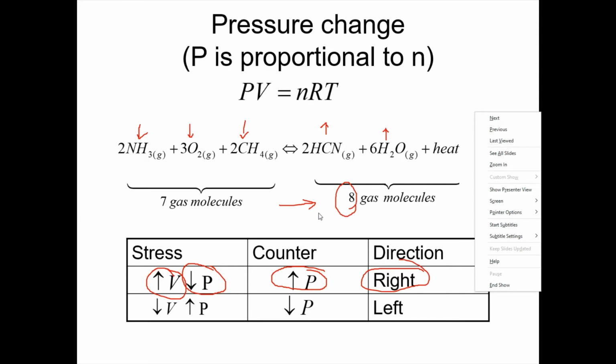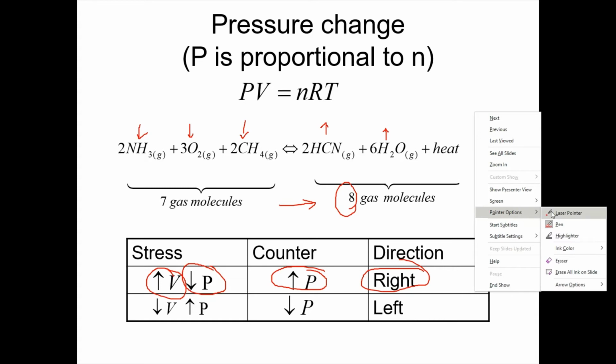And in this case, there are more gas molecules on the right, so this reaction goes to the right. Sometimes there'll be more gas molecules on the left. In that case, you'll go to the left. So you just go to the side with more gas molecules. The direction here is to the right, because that's the nature of this reaction. Okay.